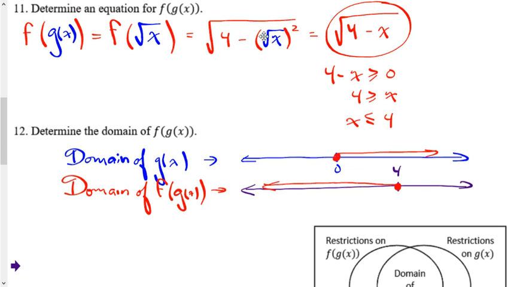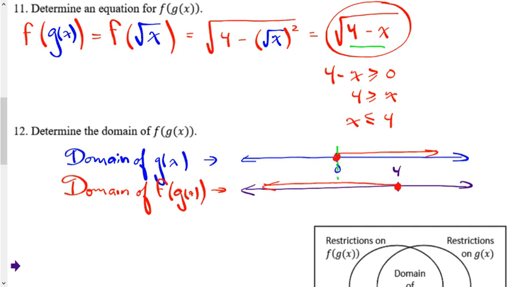Here where I say this is the domain of the composition of functions, this is the implied domain by the equation we got up here. So I'm looking at this implied domain and also the restrictions on that inside function, and I have to pick where these overlap.